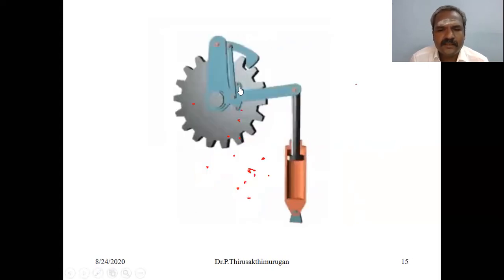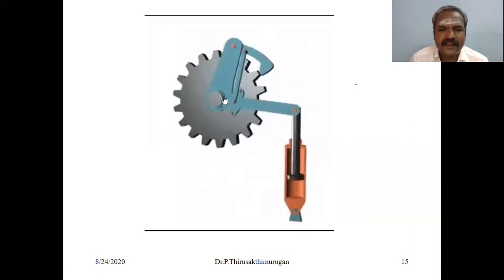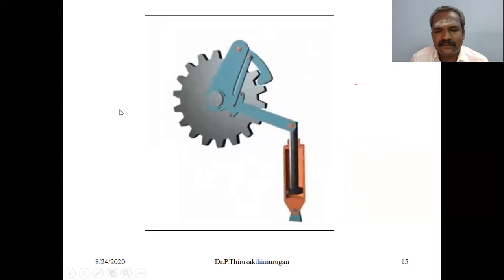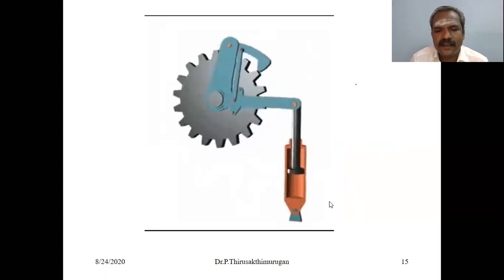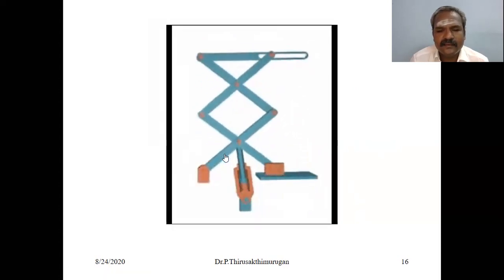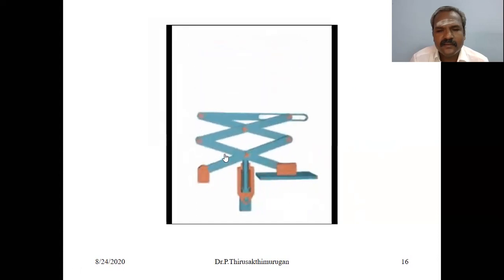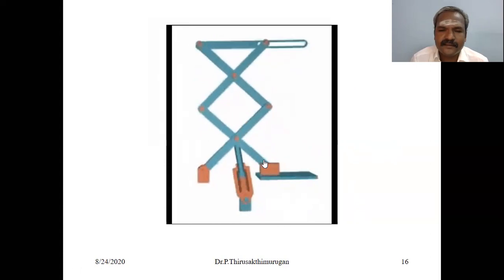Here also the robo is attached at the axle of the gear. So this is a rack and pinion arrangement. This is a single acting cylinder. See here, this is also single acting.